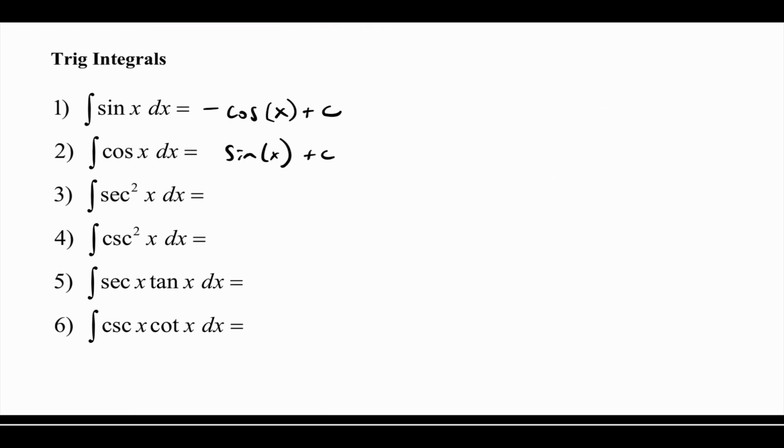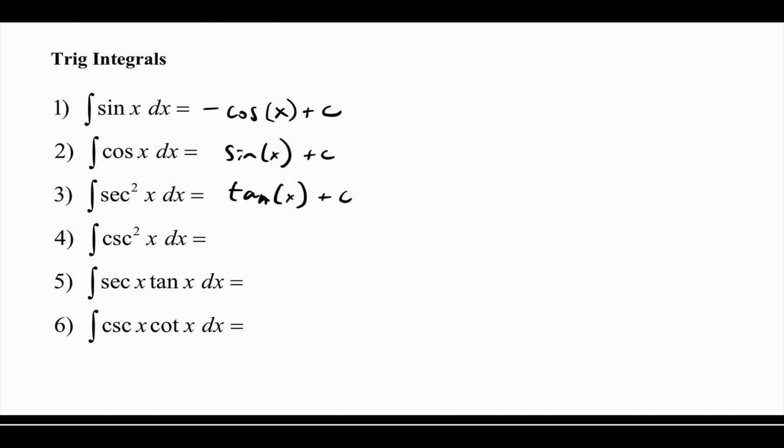What is the derivative of secant squared? Tangent. Because the derivative of tangent is secant squared. What's the derivative of cosecant squared? So this one is cotangent, but the derivative of cotangent, I believe, let me double check, is negative. Yeah, negative.